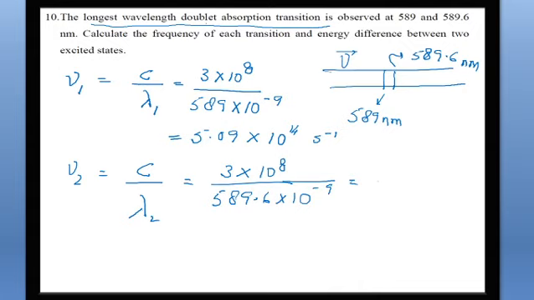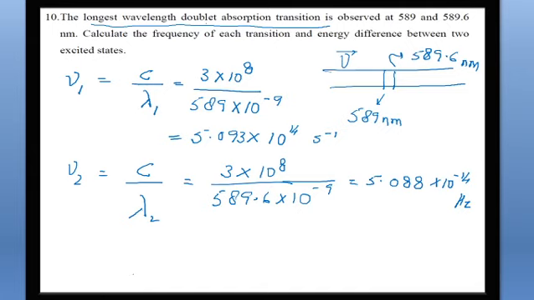It will come around as 5.088 into 10 to the power 14 hertz. So the frequency part is done. Calculating the frequency of each transition is done.